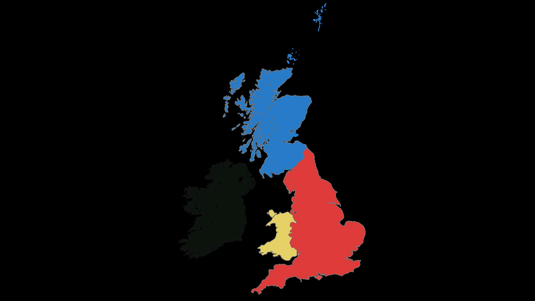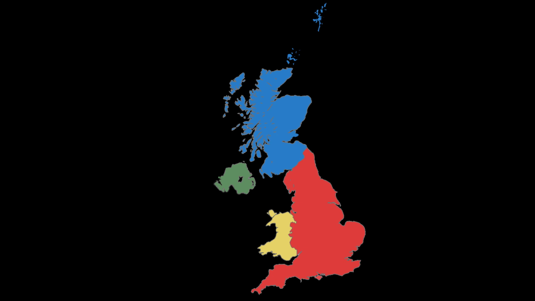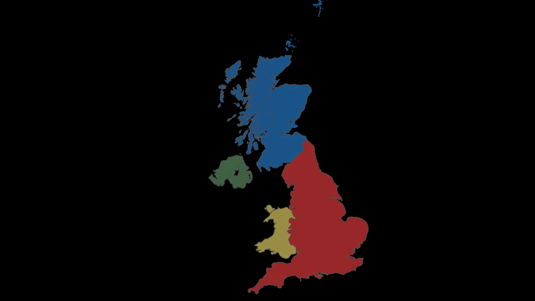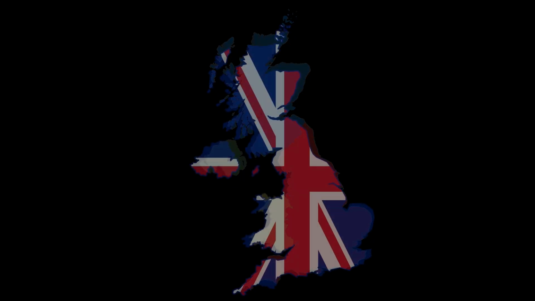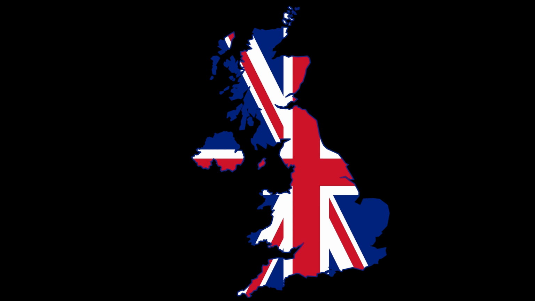Later in 1801, the Kingdom of Ireland was incorporated into Great Britain. However, amidst conflicts, in 1922, the southern part of Ireland separated from Great Britain and became the Republic of Ireland. Subsequently, the existing entity, known as the United Kingdom of Great Britain and Ireland, changed its name to the United Kingdom of Great Britain and Northern Ireland.